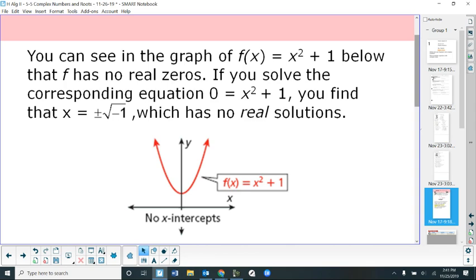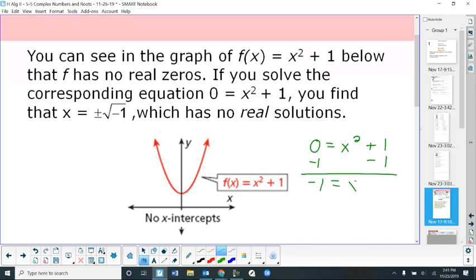So another way we could solve this is using algebra. If we set this equal to 0, we would subtract 1 from both sides. And when we do, we get negative 1 equals x squared. And then when we take the square root of both sides, you guys have always been told that you cannot do that. And that always bothers me a little bit because you can.